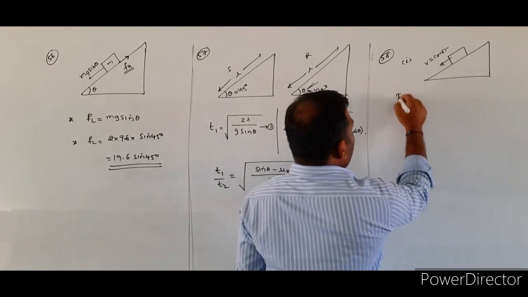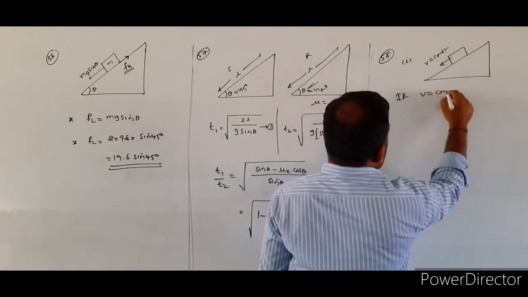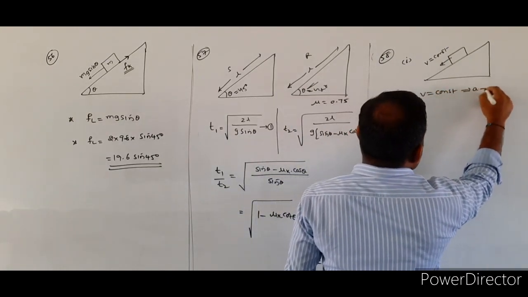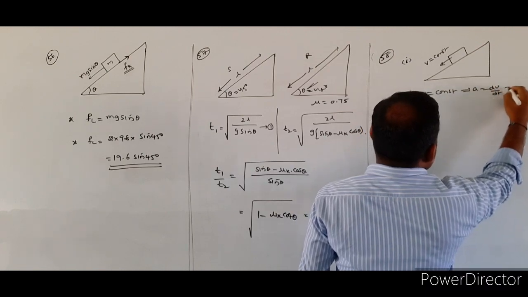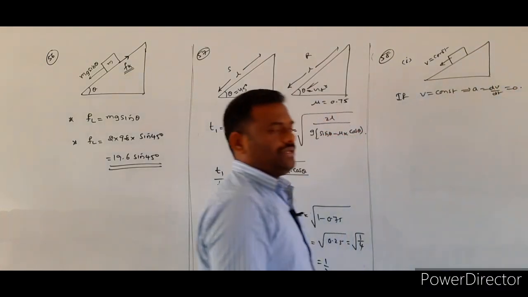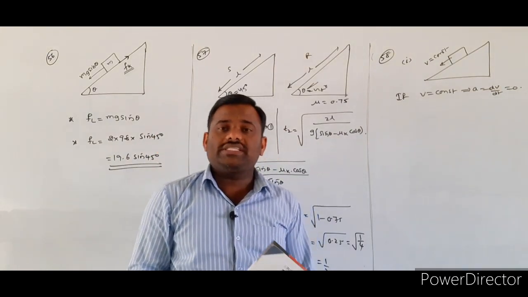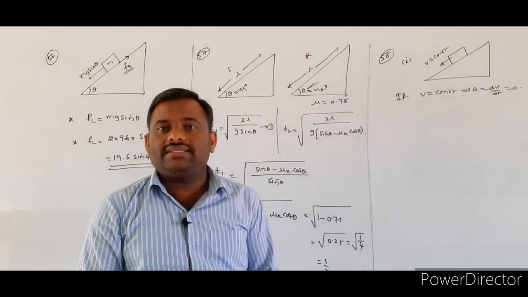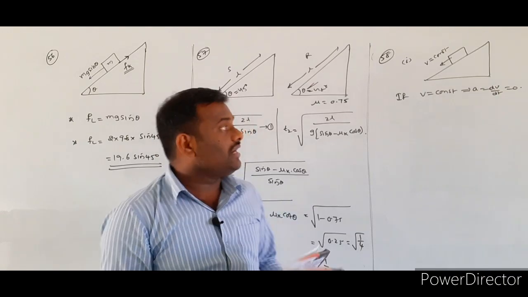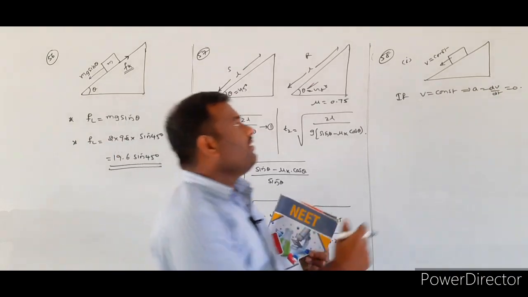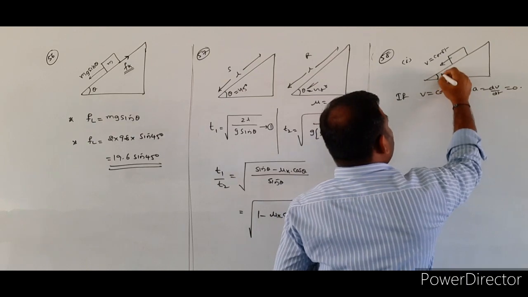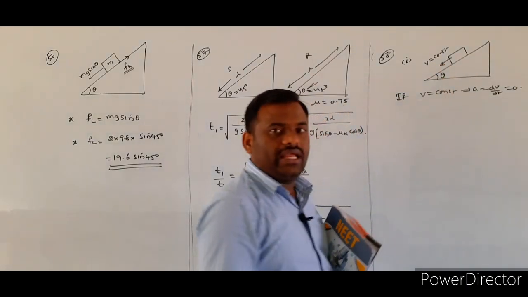If the velocity value is equal to constant, acceleration, which is dv by dt, is equal to 0. Once again, if the velocity is constant, the rate of change of velocity, which is acceleration, is equal to 0. Which type of inclined plane did they assume here? Rough inclined plane.